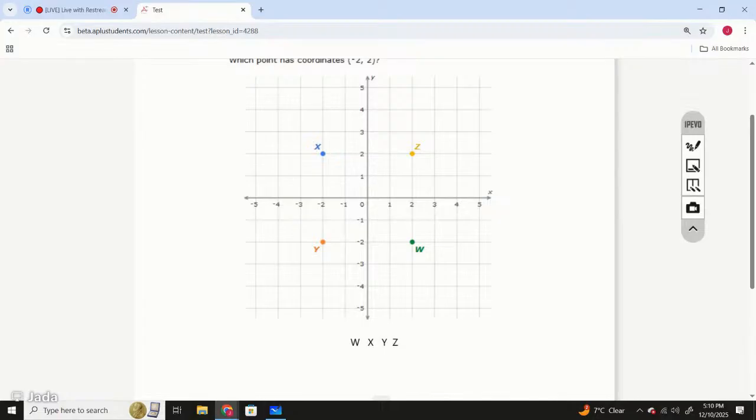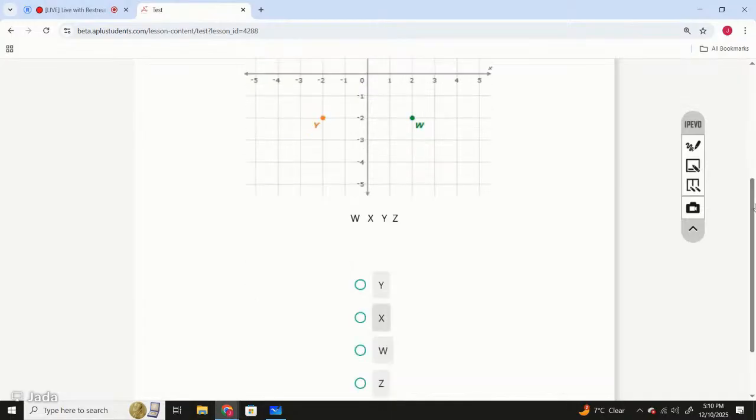X is -2. Point X it is. The correct option is X.